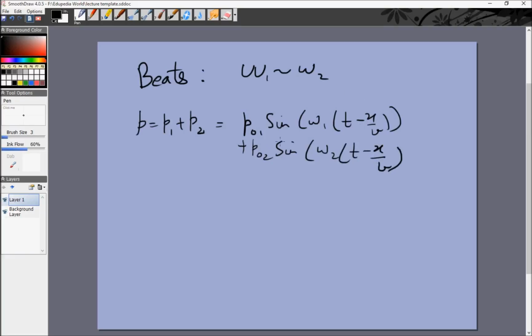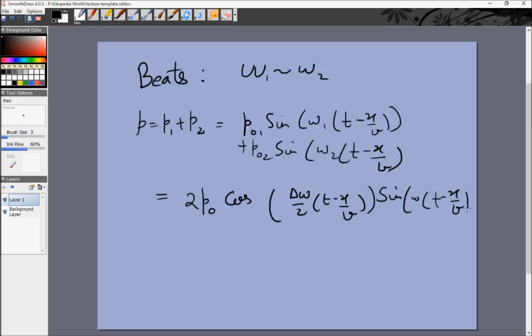So you can do sin C plus sin D here, and you can use the formulas trigonometry wise, and the answer you'll get is this is equal to 2 P0 cos of delta omega by 2 (T minus x by V) sine of omega times (T minus x by V), where omega is (omega 1 plus omega 2) by 2 and delta omega is mod of omega 1 minus omega 2. Right. So you can just substitute this and see that this will be valid.